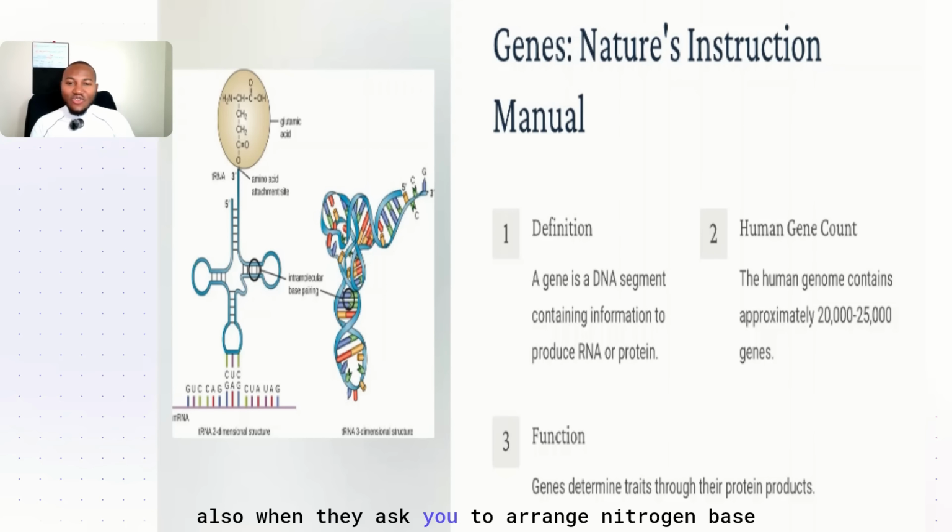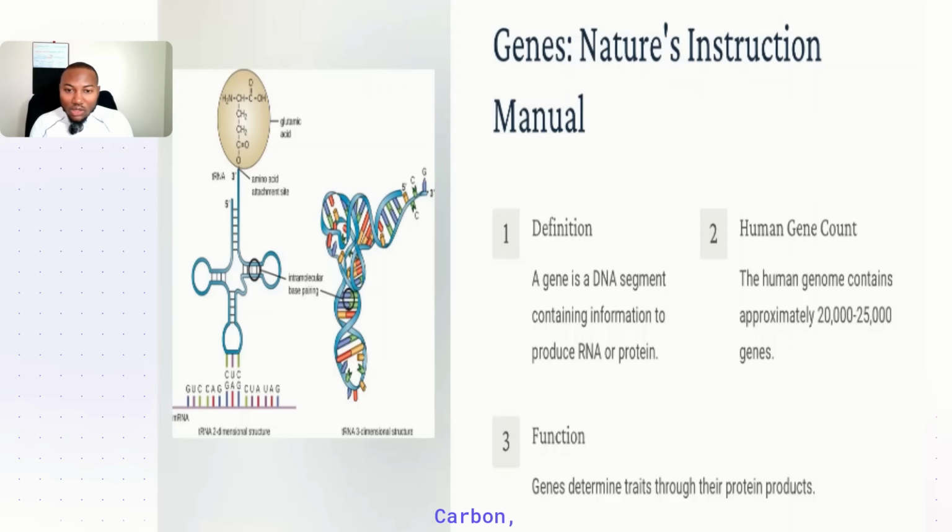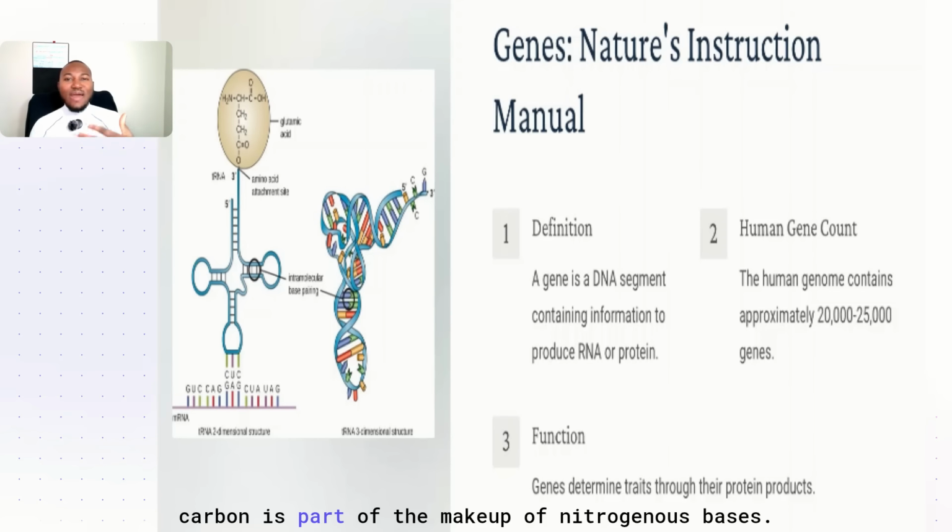Also, when they ask you to arrange nitrogen, base, carbon, nucleotides, DNA, chromatin in order, this is the order. I don't have time to read the question, but this is the order. Carbon, nitrogenous base, nucleotide, DNA, and chromatin. Now, carbon is a part of the makeup of nitrogenous bases.